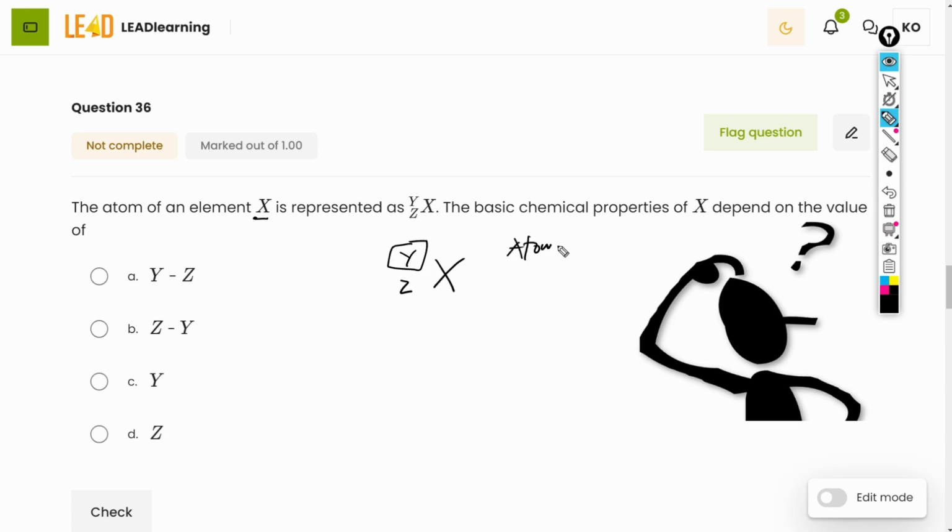The atomic mass is simply the number of protons and neutrons in the nucleus of an atom. Now, the neutron does not determine the chemical behavior. While Z is the proton number, and the proton number determines the identity of the atom. Sodium is sodium because it has 11 protons.